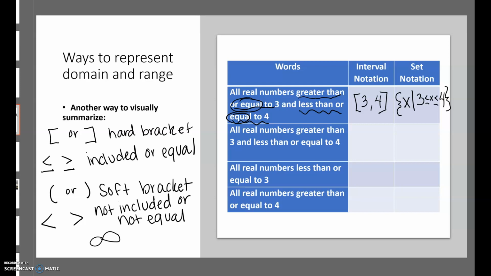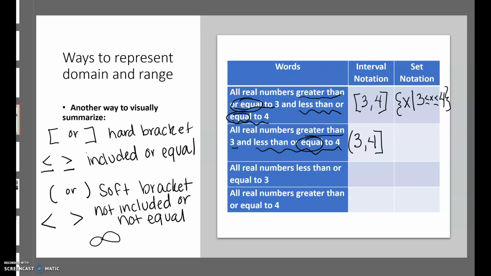So all real numbers greater than 3, less than or equal to 4. So again, we're looking at 3 and 4. It can be equal to 4, so we're going to have a hard bracket. But for the 3, there's no equal to, so that's going to be a soft bracket.